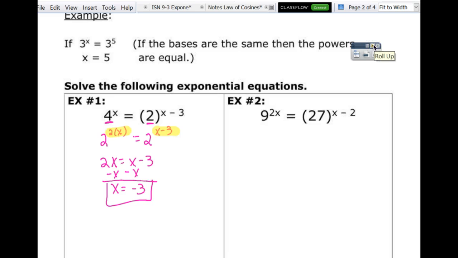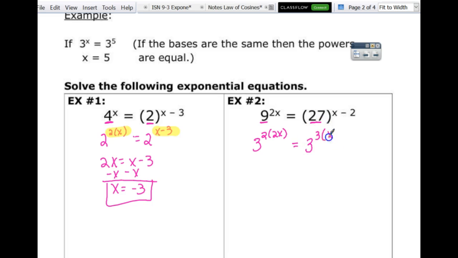Let's do another one, okay? So in the next one, 9 is my base and 27 is my base. I want them to have the same base. So I'm looking over here. Is there any way I could rewrite 9 and 27 so it would have the same base? What would I use? I would use 3. So I'm going to rewrite 9 as 3 to the second. Now put your 2x in parentheses. And I'm going to rewrite the 27 as 3 to the third.